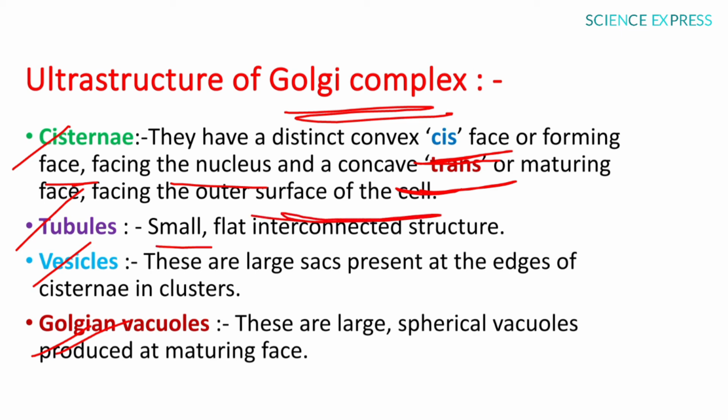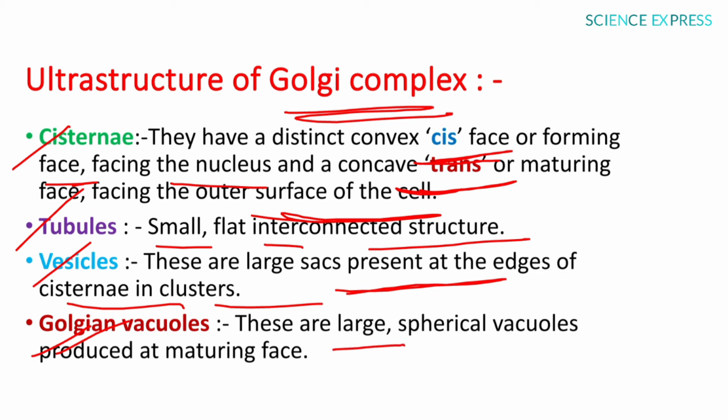Tubules are small flat interconnected structures. Vesicles are large sacs present at the edge of the cisternae in a cluster. And the fourth, Golgian vacuoles, are large spherical vacuoles produced at the maturing phase.